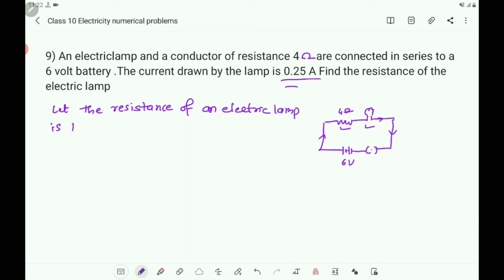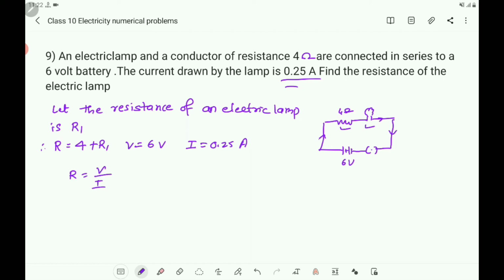So the total resistance R becomes 4 ohm plus R1. Then V is here 6 V and current is given, I equals 0.25 amps. And you know the relation here, I equals V by R. So that is nothing but R equals V by I.